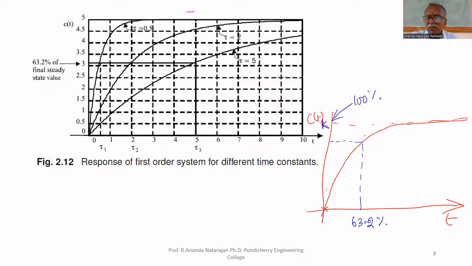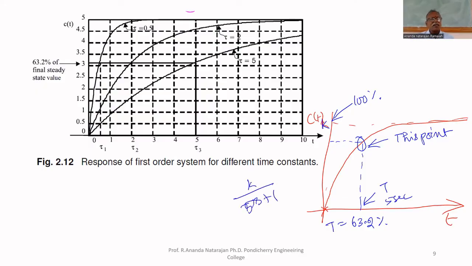While reaching, at some time it will be at 63.2% of the final value. The time taken to reach this point is called the time constant tau of this system. Say the time taken is 5 seconds, then the transfer function can be written as K upon 5s plus 1, because tau equal to 5.